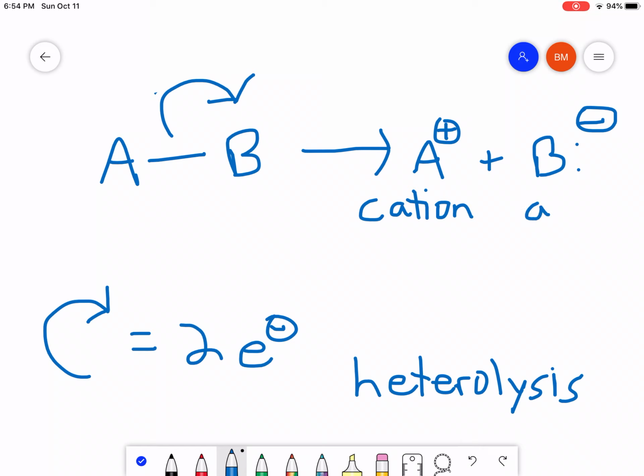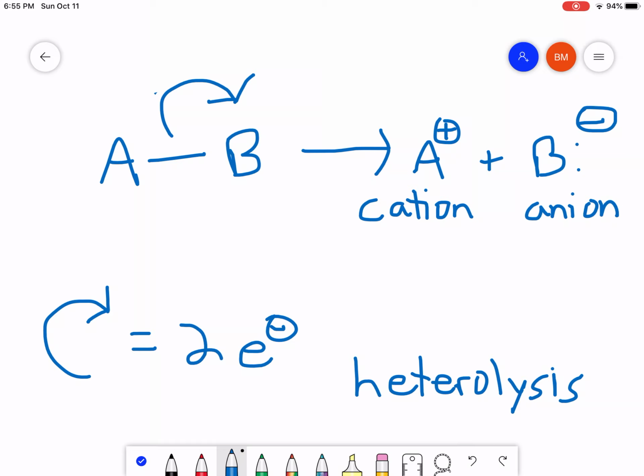A negative ion is called an anion. You know how you can not get them mixed up? If you're a cat lover, you regard cats as being positive. That makes it easy. If you're not a cat lover, well, sucks for you. That makes it harder. But either way, it's not too hard to remember.